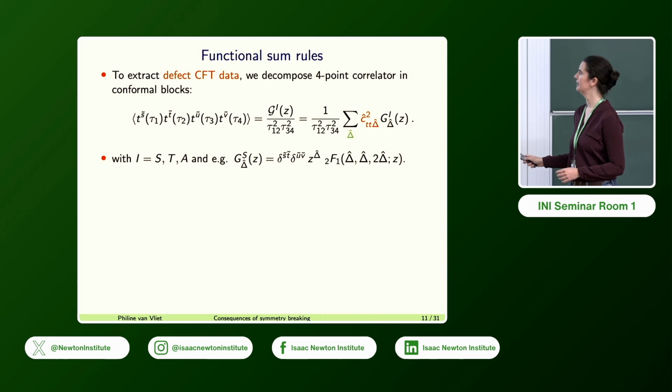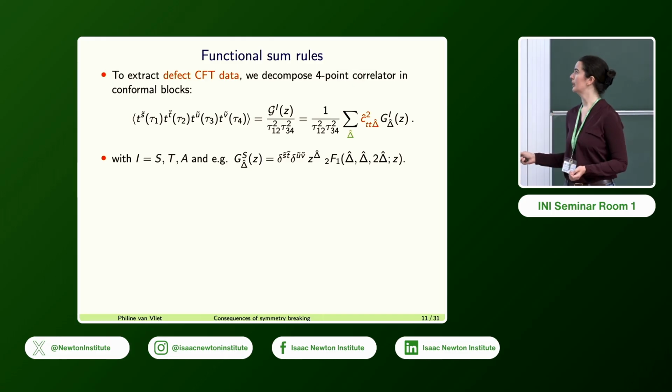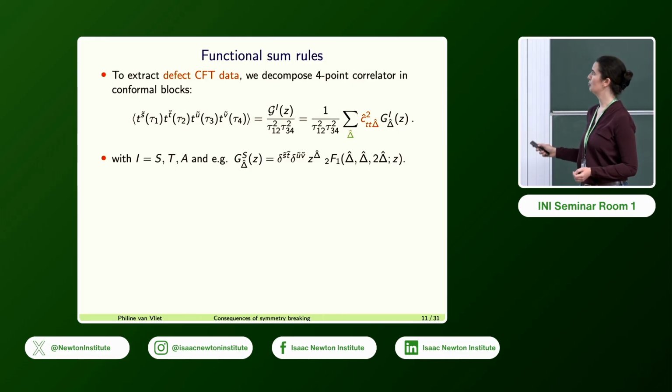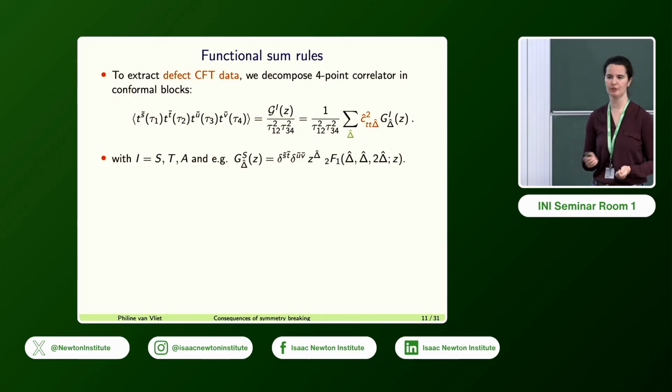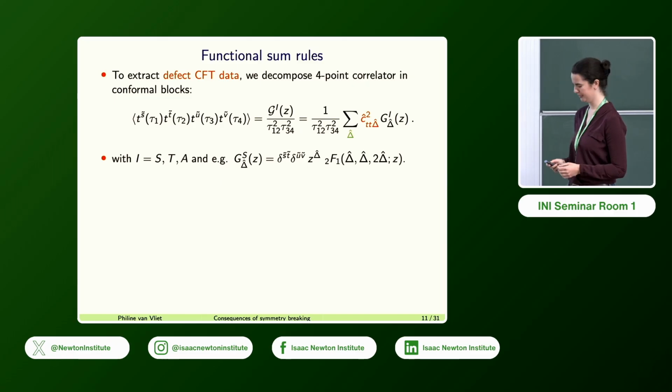Here I just denote the same representations of ON that I had before. And in 1D, these are very simple hypergeometric functions. So in principle, you can replace G by this expansion in blocks, play around a bit with crossing symmetry, and find the sum rule on these OPE coefficients.